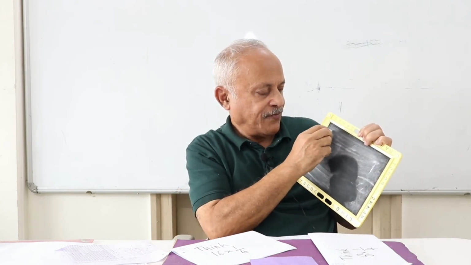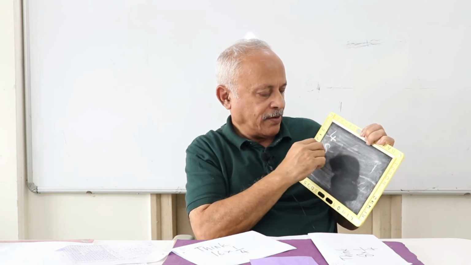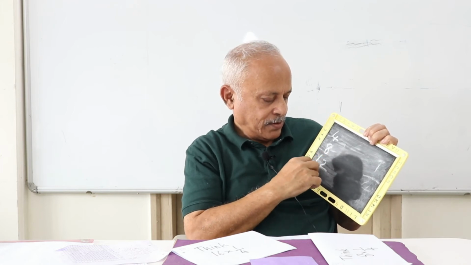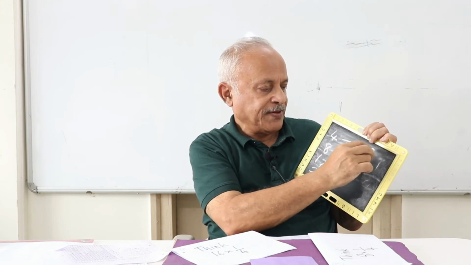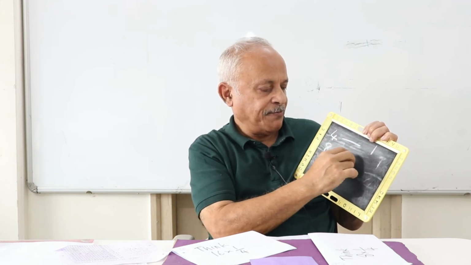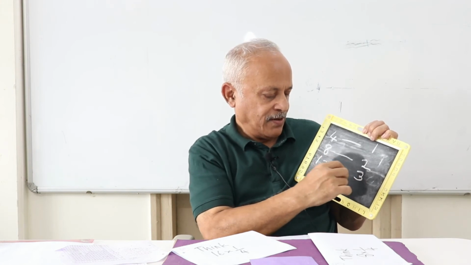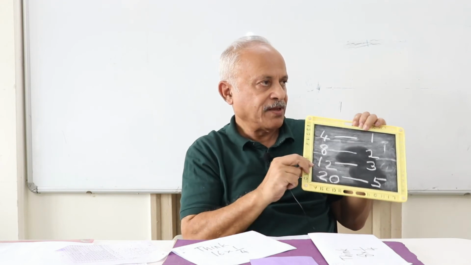So here I have 4, 8, 12, 20. So from 4 pieces I get 1, from 8 pieces I get 2, from 12 pieces I get 3, from 20 pieces I get 5.